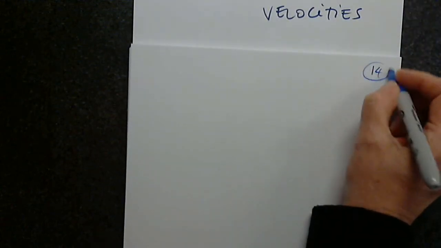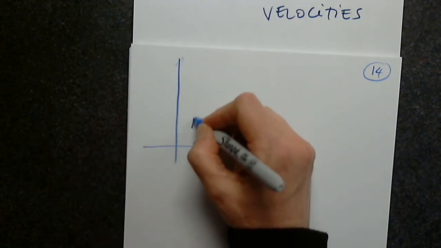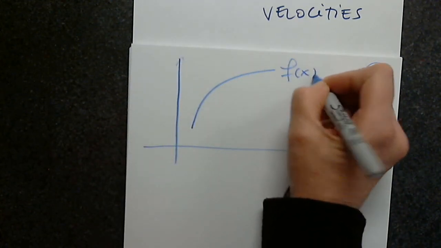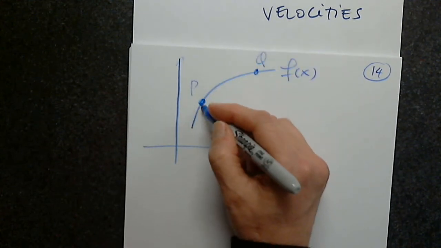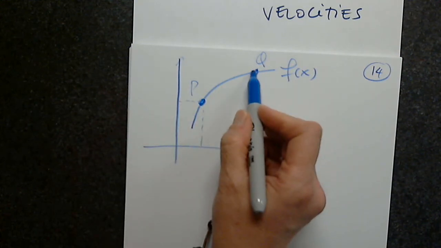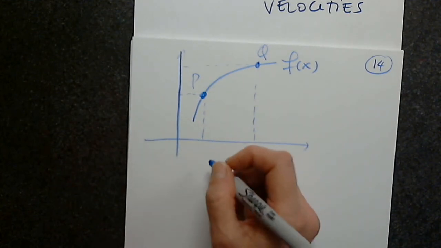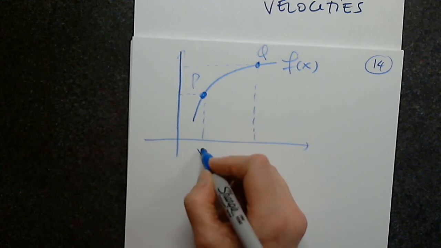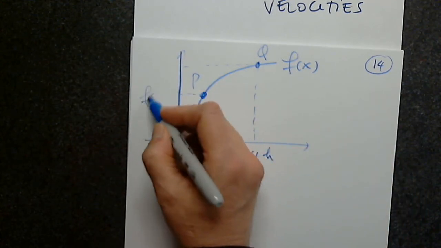Now, at least for a while, this function will become our best friend. And this figure, now, of course, our P and our Q, nothing new. The x-coordinate of P is again x. The x-coordinate of Q is again x plus h. This is, of course, f of x.